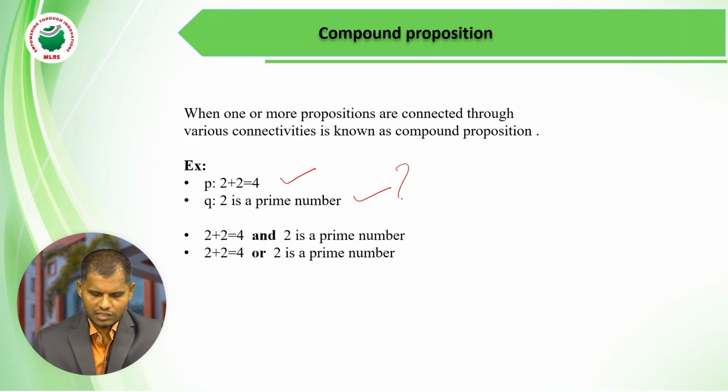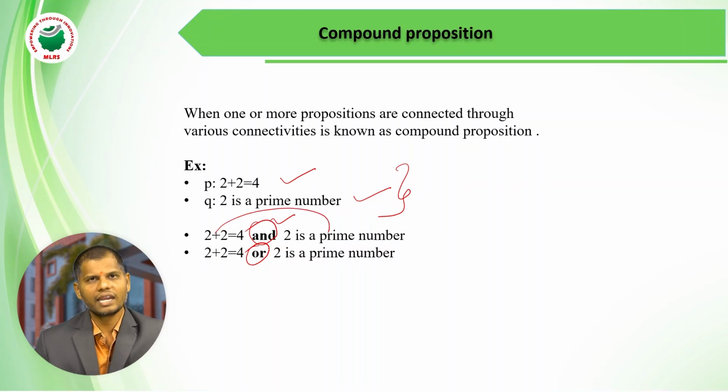These two statements are connected through connectives. So here, 2 plus 2 equals 4 and 2 is a prime number. Here 'and' is the connective. And here, 2 plus 2 equals 4 or 2 is a prime number. 'Or' is one of the connectives. So here two proposition statements are connected with connectives. That is called a compound proposition.